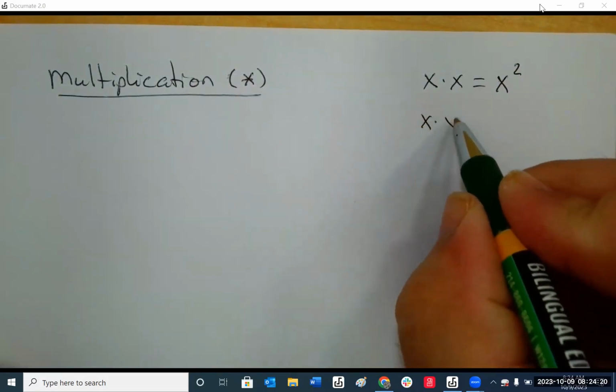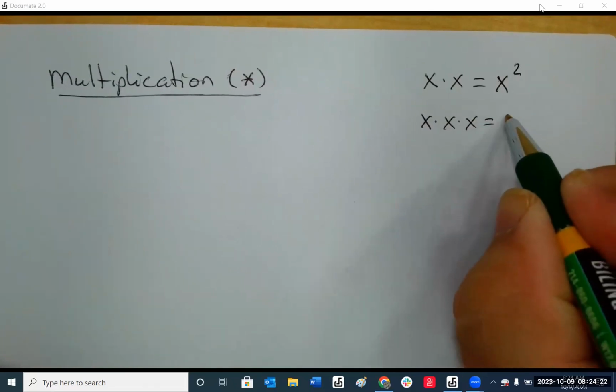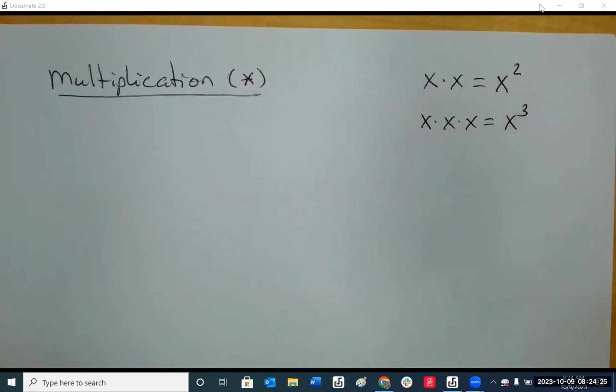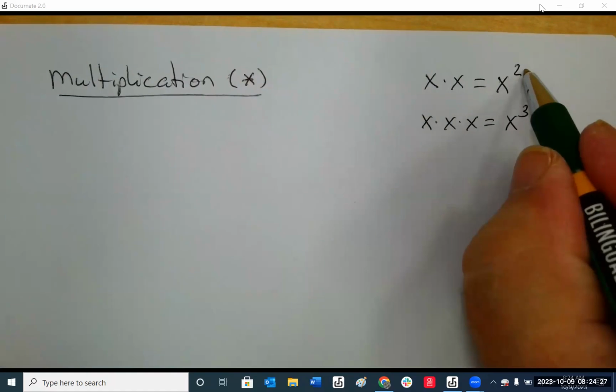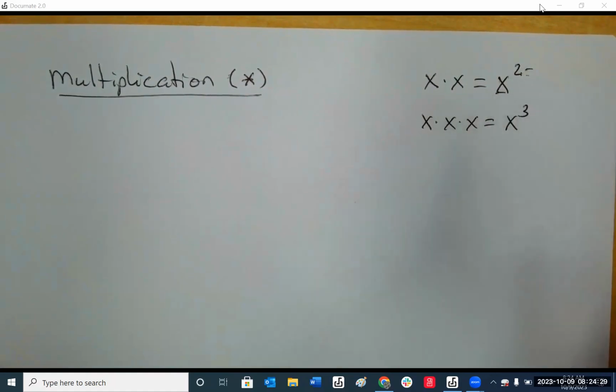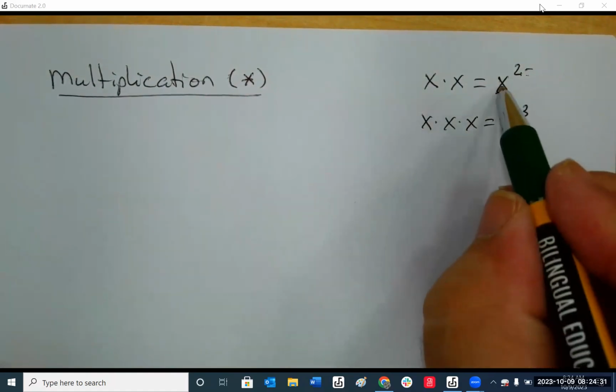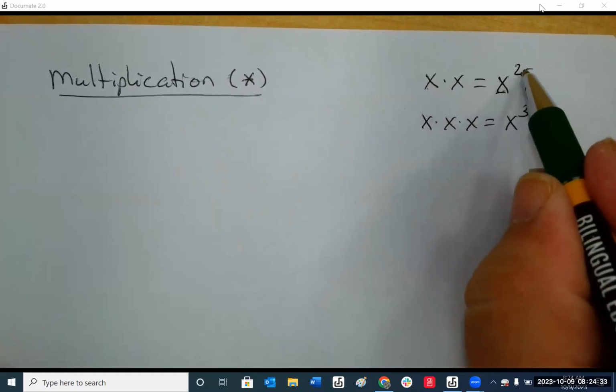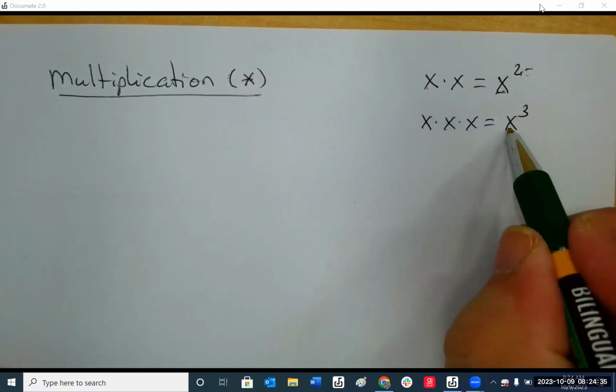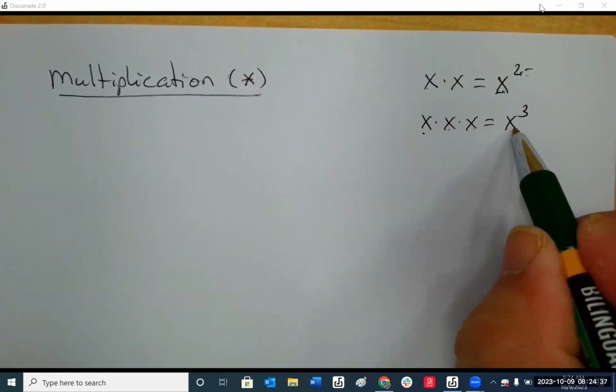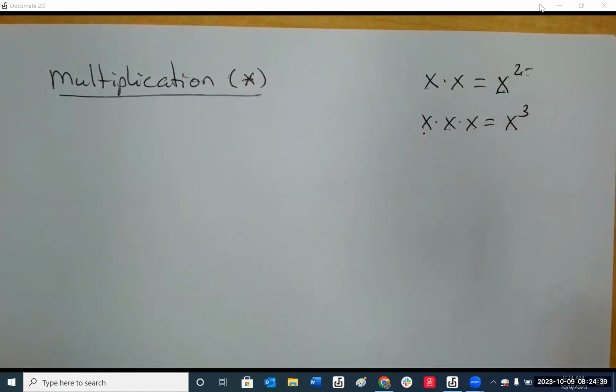We had x times x times x. Because all this tells me how many times this number multiplies to itself. So this is x times x, multiplied to itself twice. X times x times x, the same number multiplies to itself 3 times. That's what the exponents tell us.